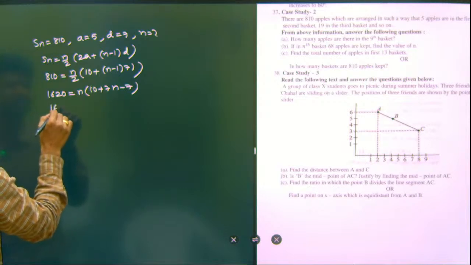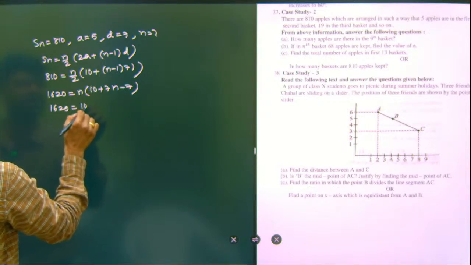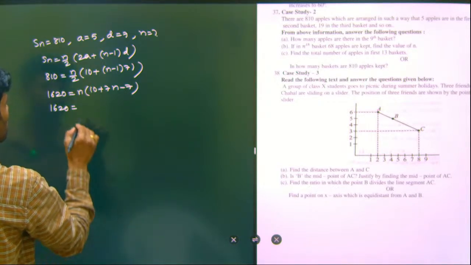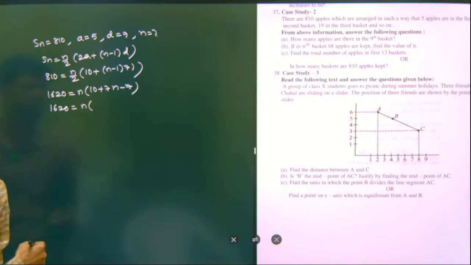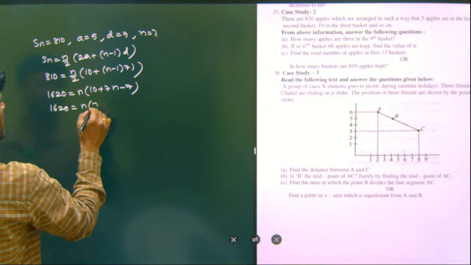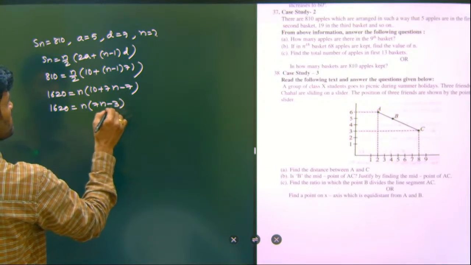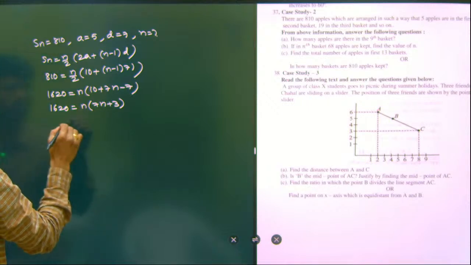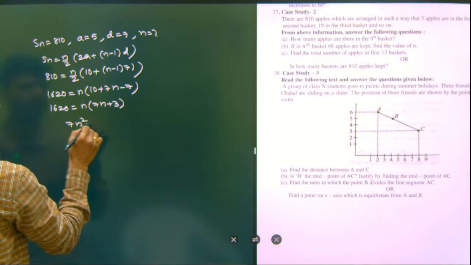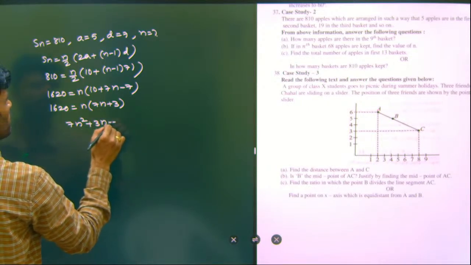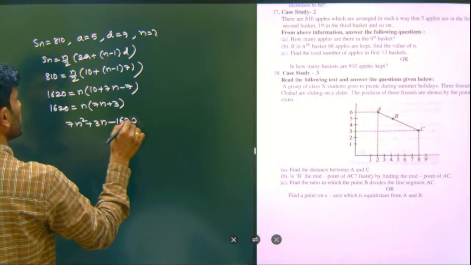So 1620 is equal to 7n square plus 3n. So now this is 7n square plus 3n minus 1620 is equal to 0.